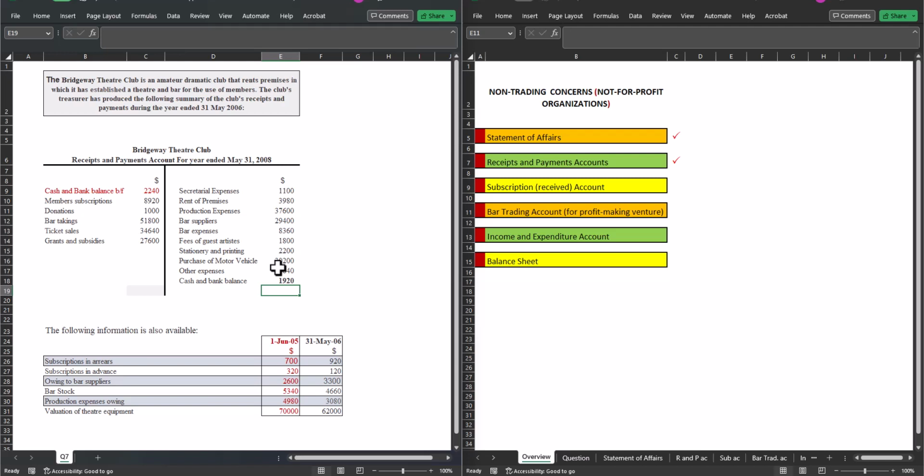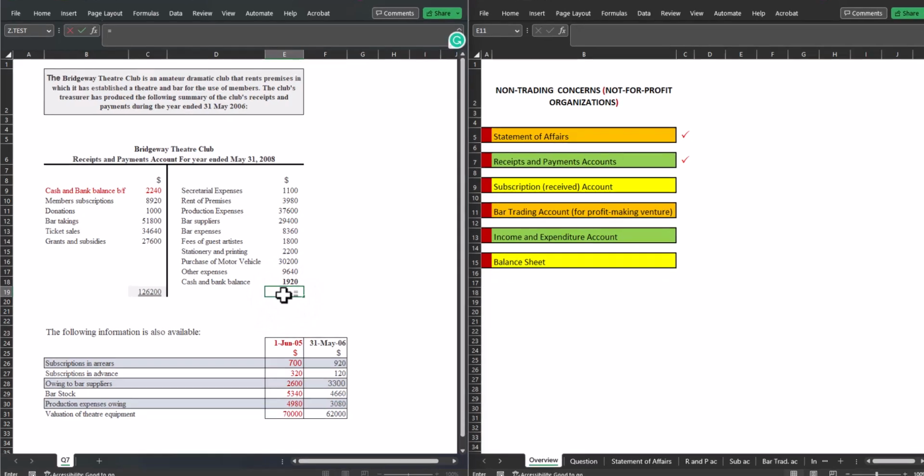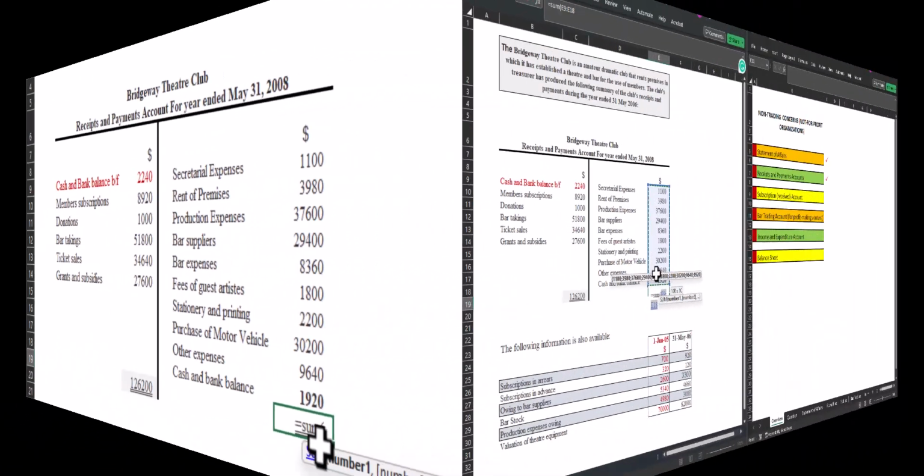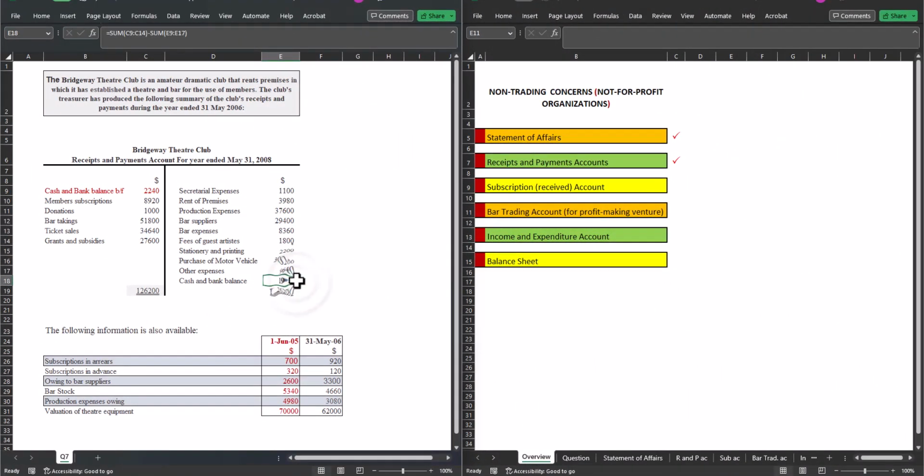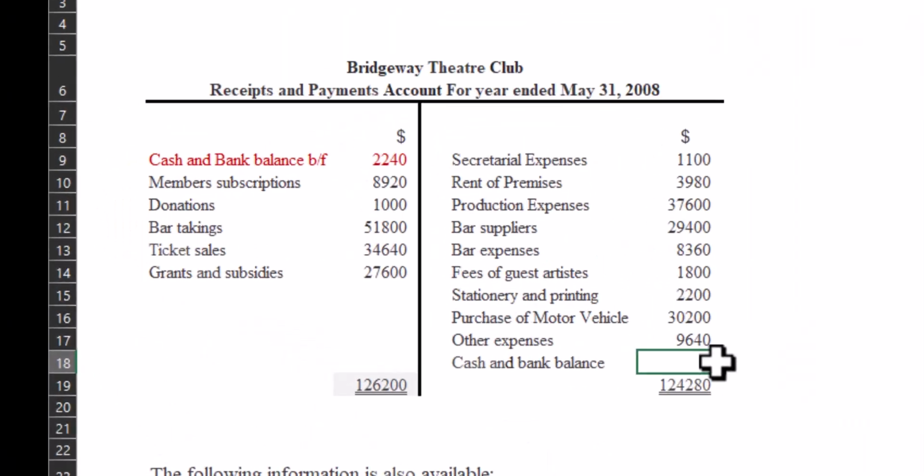Now, of course, that is how I chose to proceed because I already knew the balance. Of course, what you could have done was simply to find the sum of the debit, find the sum of the credit, well, of course, without the balance, and then subtract both of them.